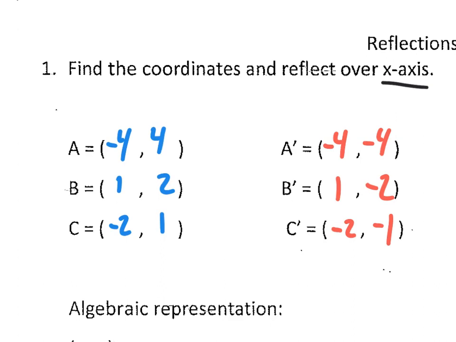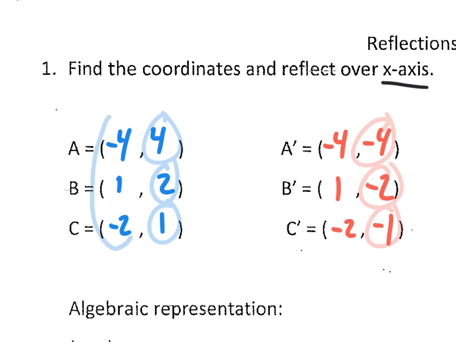What I want you to see is between here and here, all we did is it went negative. Same thing here. Even here, it just changed, and it went negative. So it's changing sign. All of the x's, because these are xy pairs, stayed the exact same.